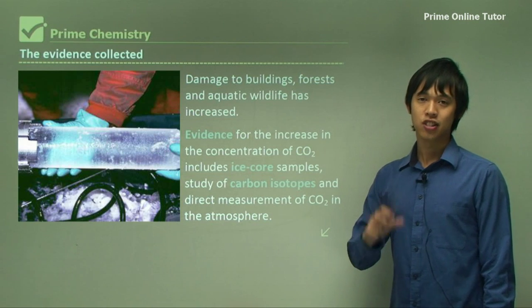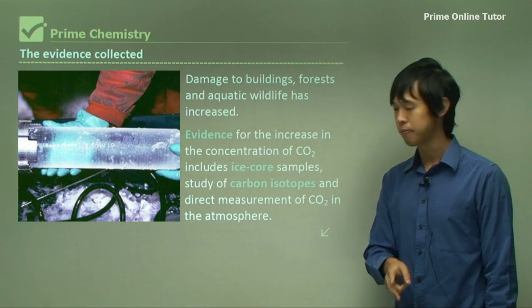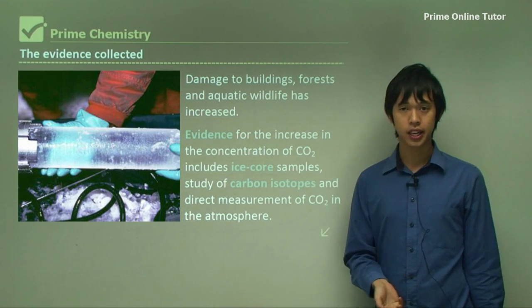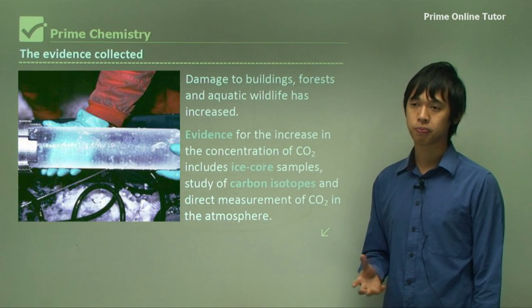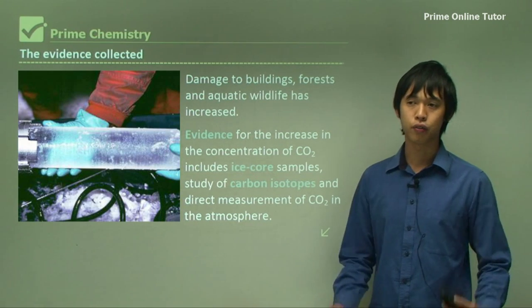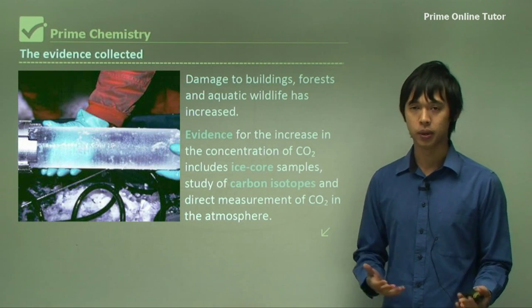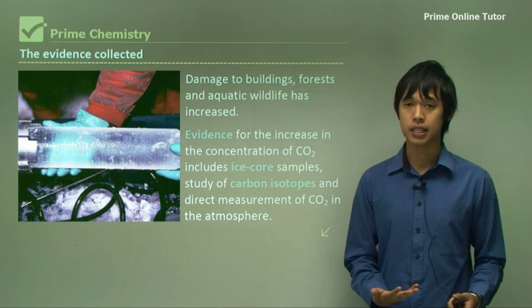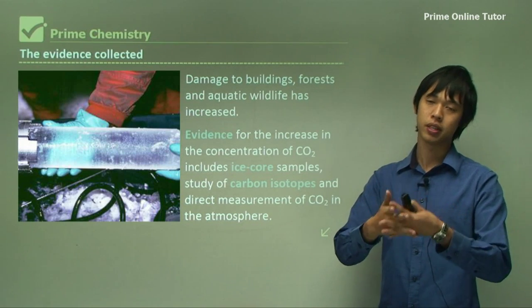However, it's not as strongly acidic as those two. But we have noticed an increase in CO2 in the atmosphere, which has prompted a lot of scientists to theorize that it's contributing to the changing of our climate. So CO2 and climate change are very intimately linked.